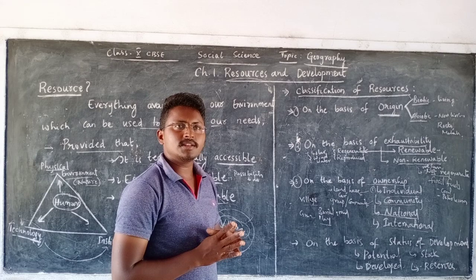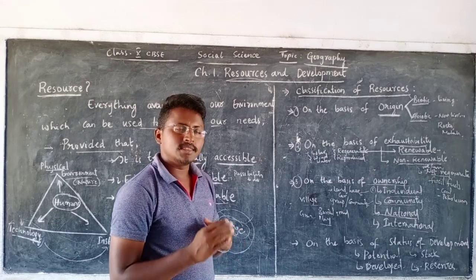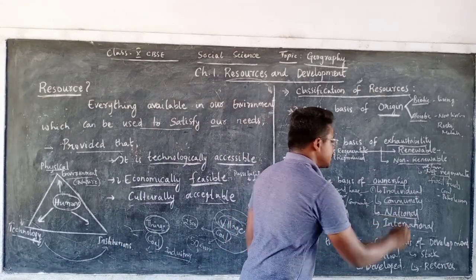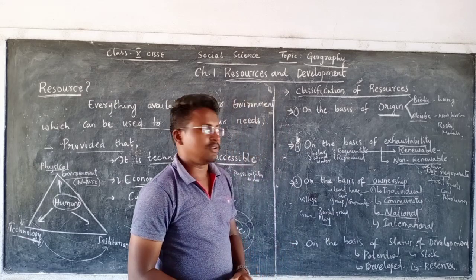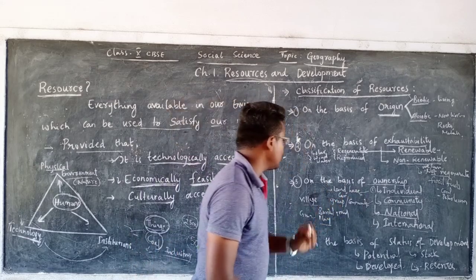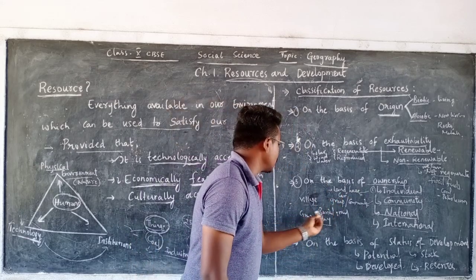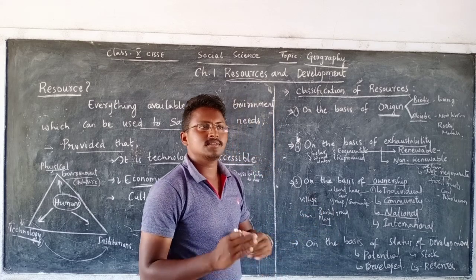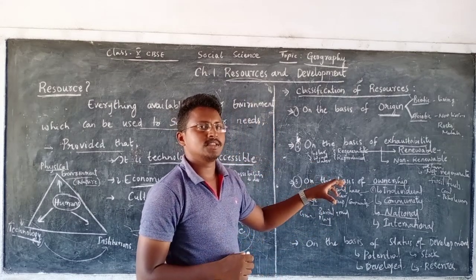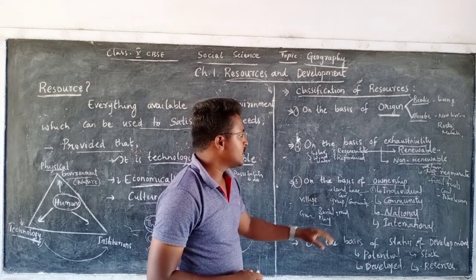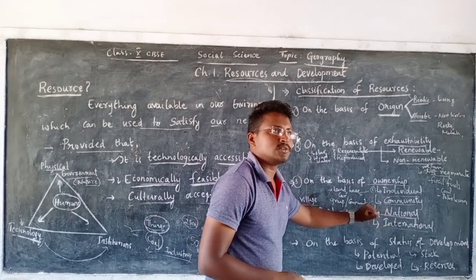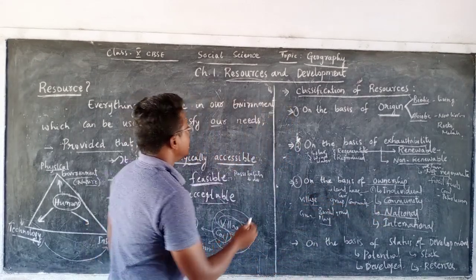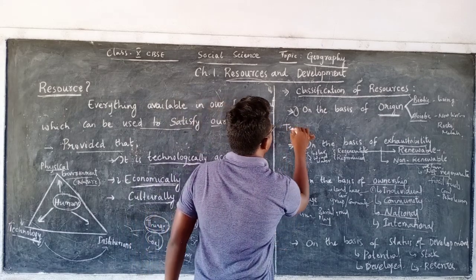Then comes the third category, national resources. Technically, all the resources which are present in a country come under national resources. For example, land owned by a single individual or land owned by a community all come under national resources. National resources also include territorial water bodies.